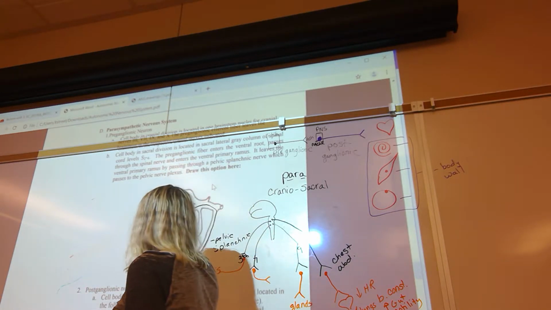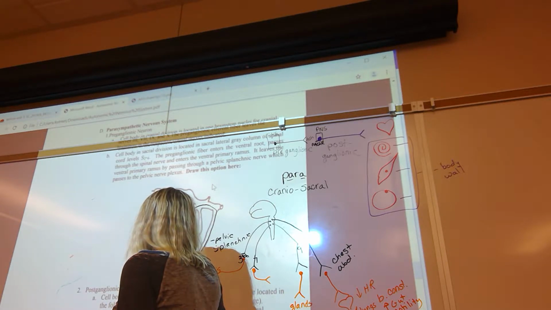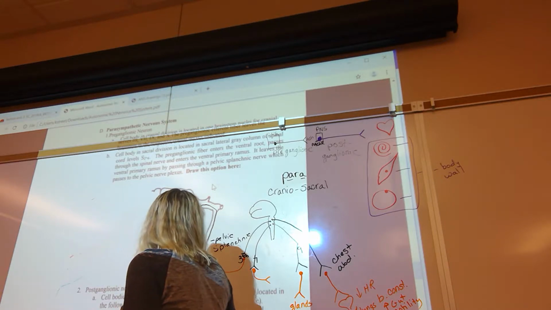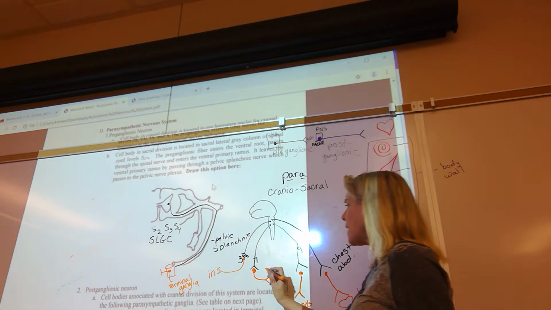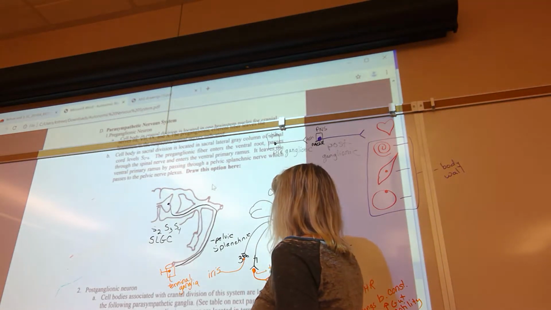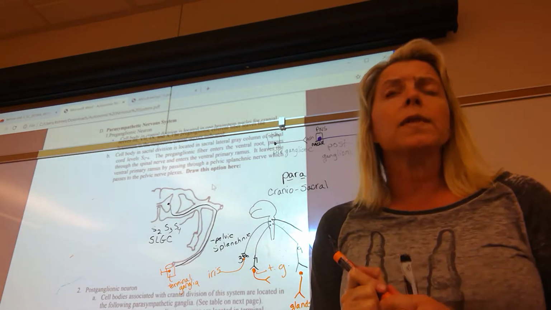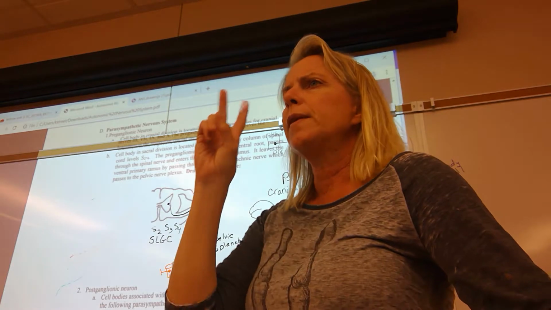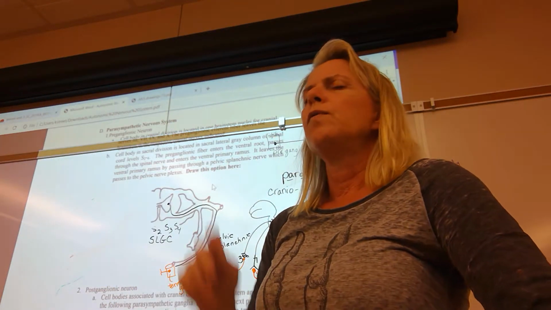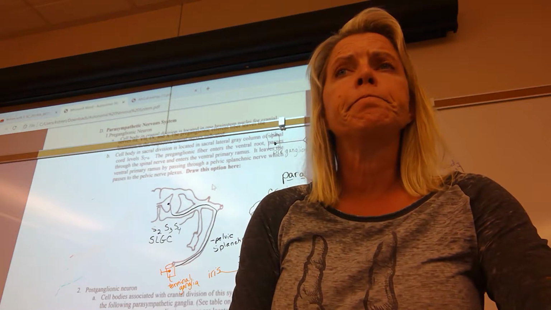But we call those terminal ganglia. These ganglia are found in the walls of their effectors. If I say terminal ganglia, with enough studying you should say, right then, Carrie, you're talking about the second neuron for the parasympathetic division. What do you want to know?